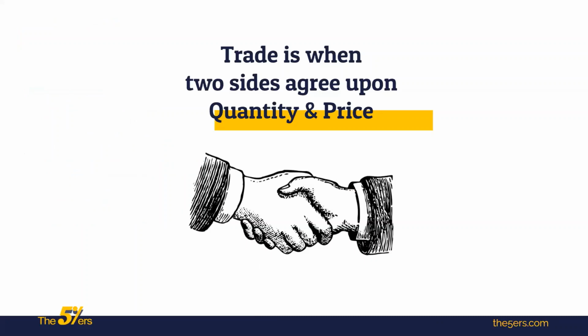Let's move on, so a fast recap. What is supply and demand? What is order flow? It's everything based on the very core essence of what makes a market. A trade is when two sides agree upon quantity and price. This is what happens everywhere.